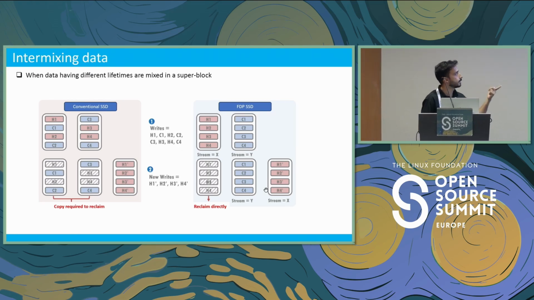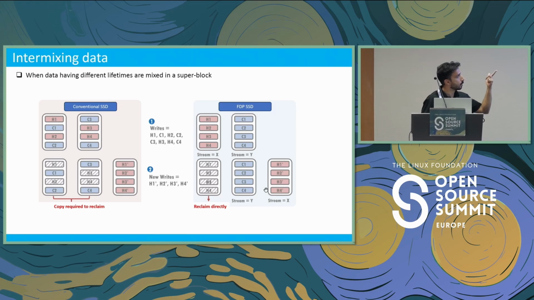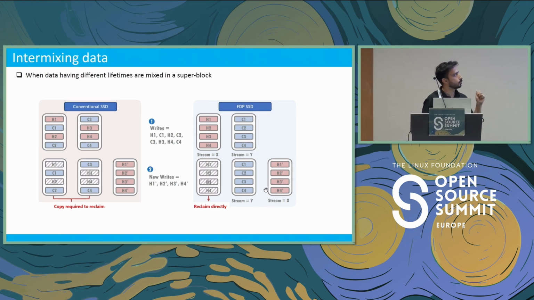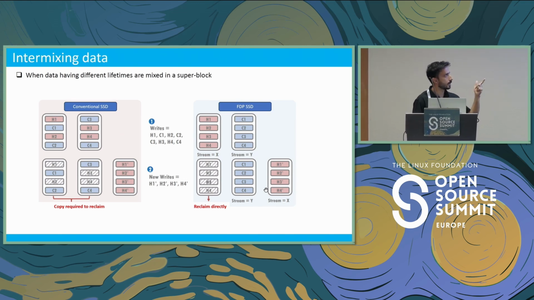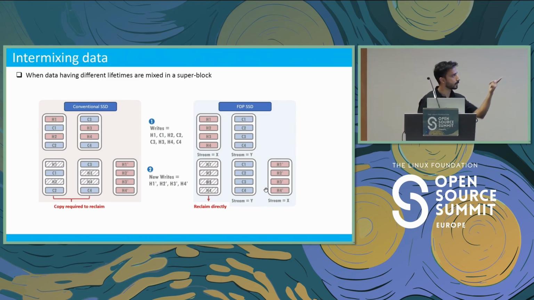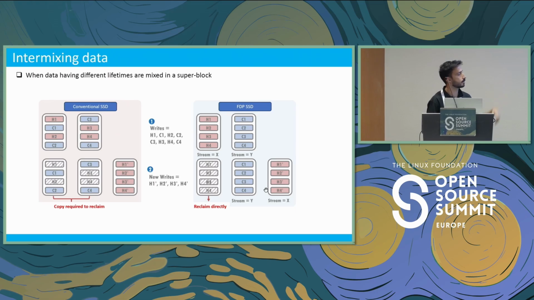For all the H1, S2, S3, and H4, you specify a tag. You can think of it as just an integer value. And you say that they all belong to one stream called stream X. And all my cold writes belong to another stream, which could be called, let's say, stream Y. Again, 2 numbers, 0, 1, 1, 2, whatever.